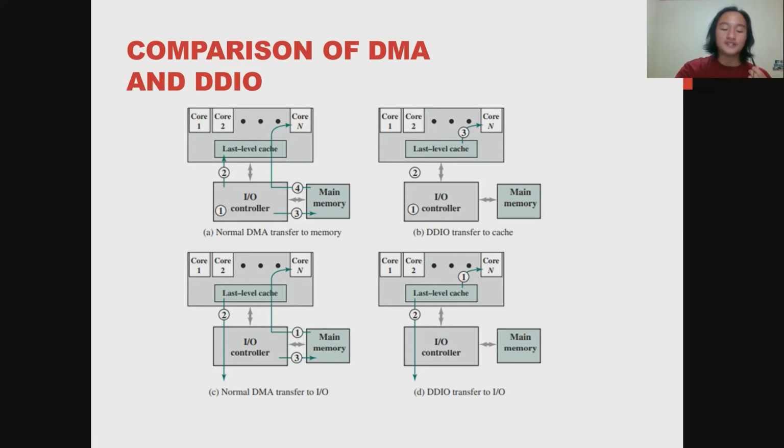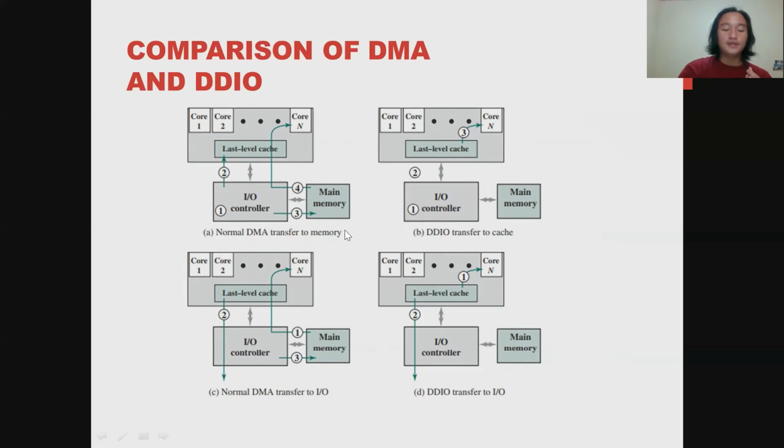Next, the DMA operation is performed, posting the packet directly into main memory. Finally, after the appropriate core receives a DMA interrupt signal, the core can read the packet data from memory through the cache.